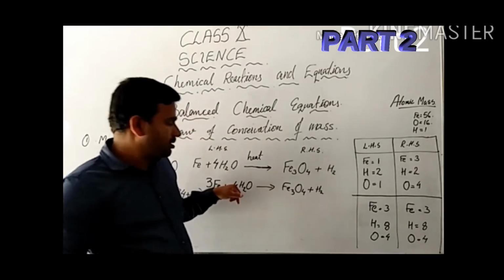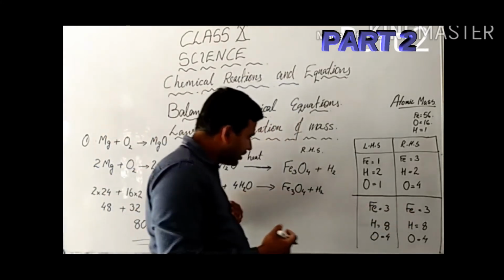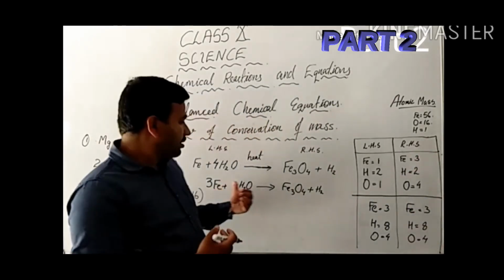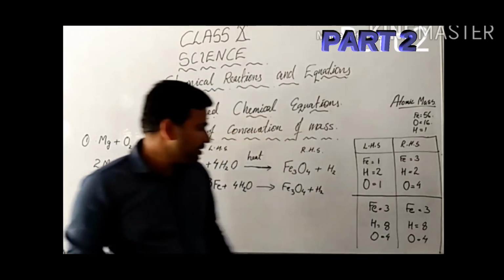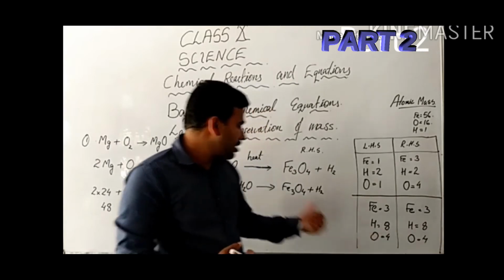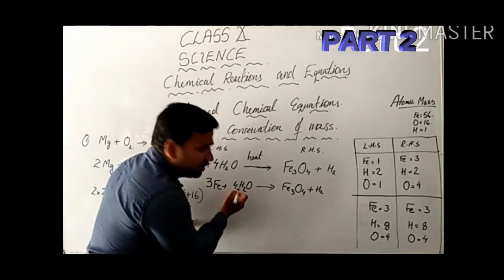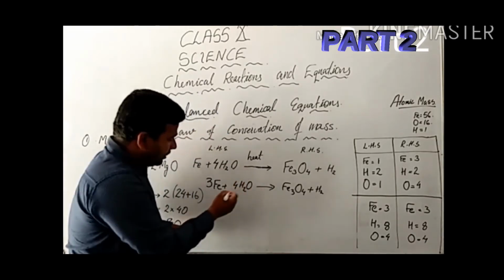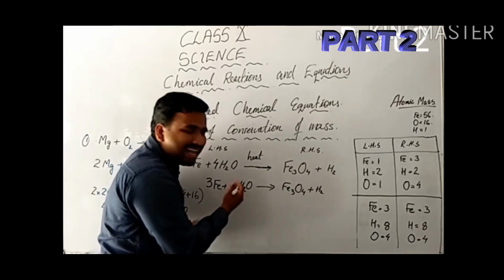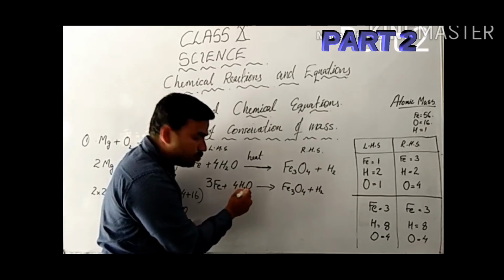So now let us look at hydrogen, the remaining thing. 3 atoms of iron on the left hand side, 3 on the right hand side. About oxygen we already balanced first: 4 and 4. Now look at hydrogen. Remember the previously learned portions, how to calculate the number of atoms, especially when you get a molecule like 4H2O.